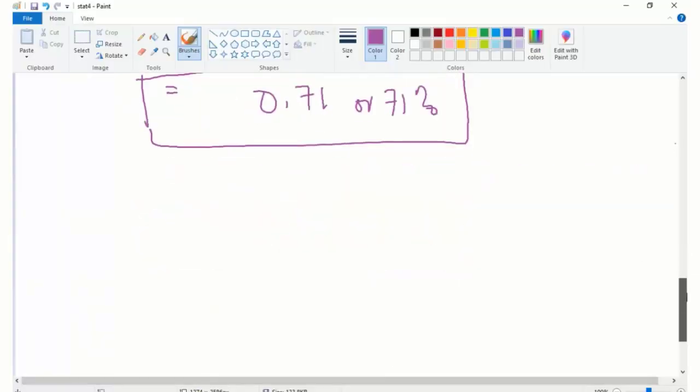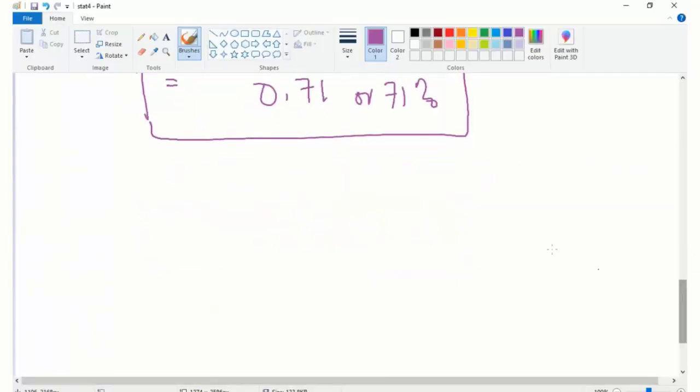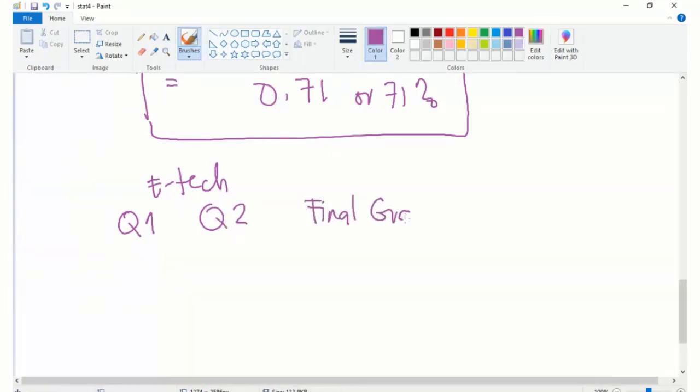So for example, just like your average, no? Like let's say for example, 'di ba sa E-Tech, meron kayong quarter 1 and then quarter 2 and then you have the final grade. So what do you mean by mean? Mean is just the average.